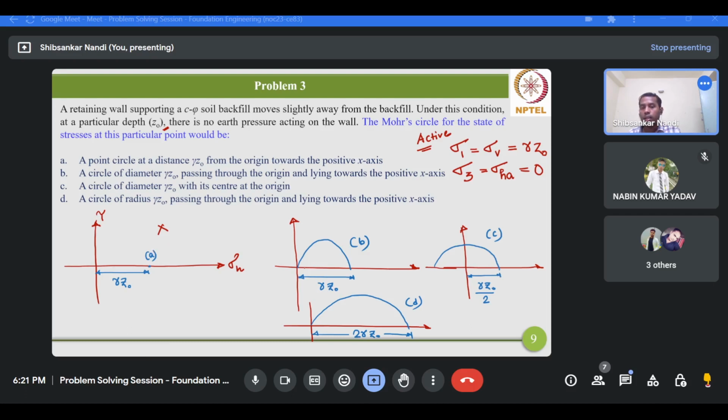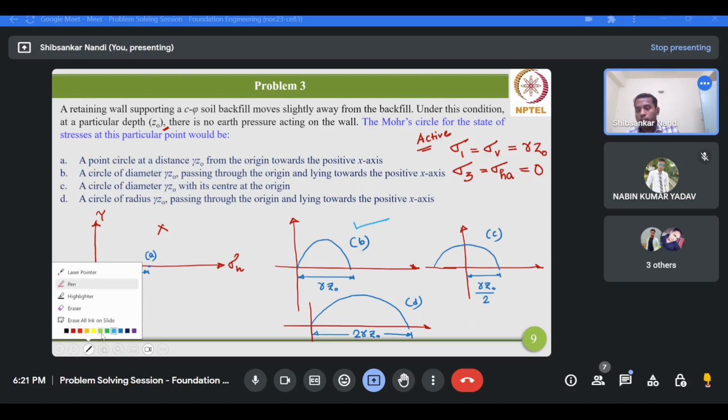We have already seen that of the two points of this Mohr circle, this point gives you the minor principal stress and this point gives you the major principal stress. This state of stress has sigma 1 and sigma 3 values of gamma Z0 and 0 respectively. Which Mohr circle suitably represents this state of stress? Option B is the correct option. Why?